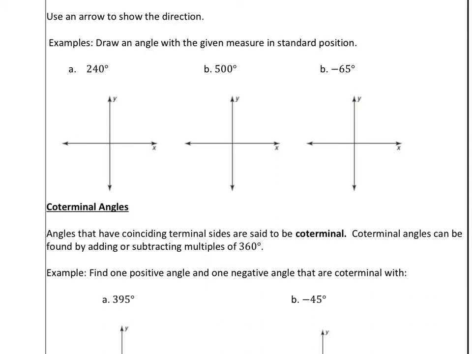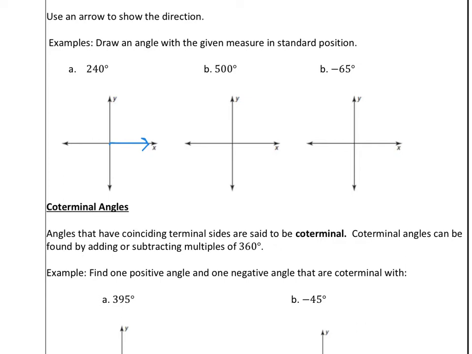We're going to practice drawing some angles, starting with a 240 degree angle. We always start on the x-axis, so use a different color or draw a darker line there. Then we go 240 degrees counterclockwise, because it's a positive angle.